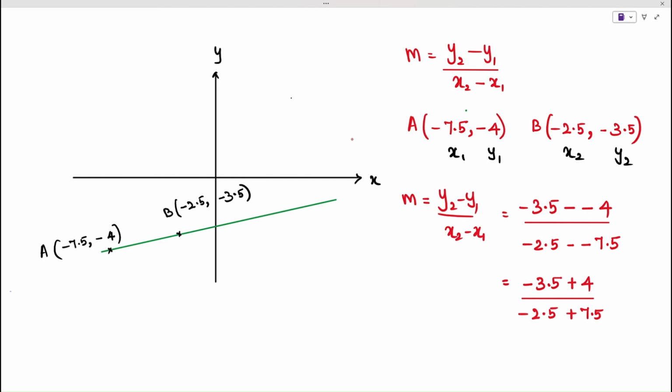If we simplify it further, we get 0.5 over 5. If we multiply our numerator and denominator by 2, we get 1 over 10. And this gives us our gradient m as 0.1.